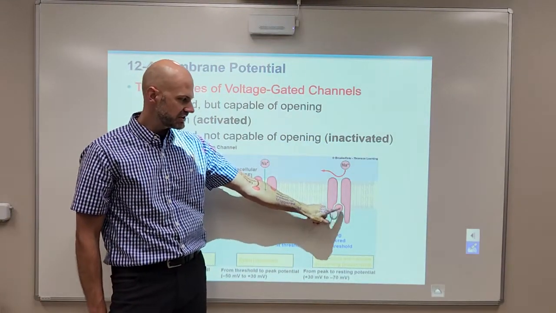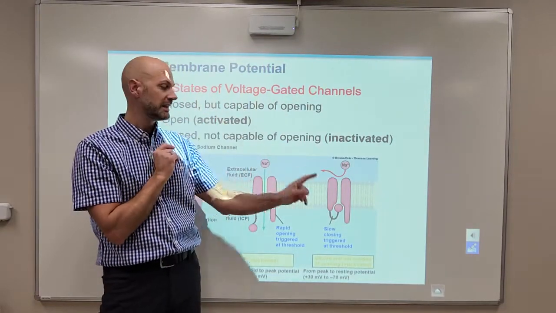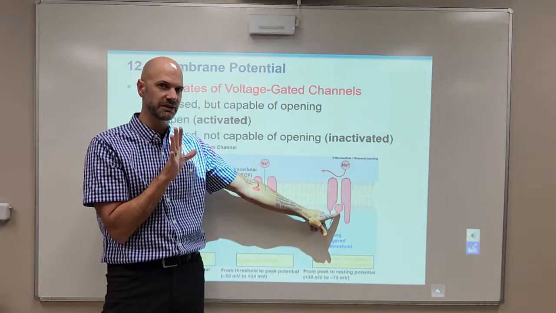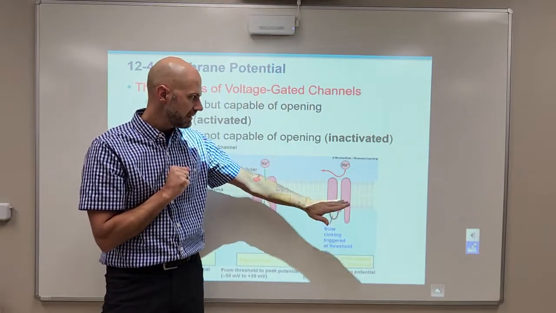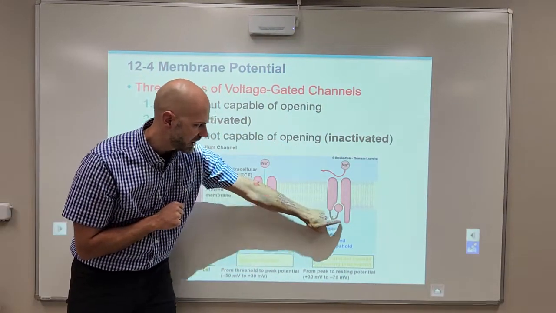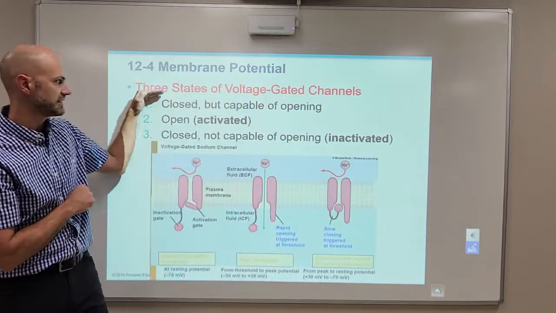It actually looks like this rather than the two gates that I showed previously. It's a little bit more complicated in how the protein works. They have this ball and chain mechanism, which is a little bit unique. And then the protein will cycle back to this starting stage where the ball will drop out and the gate will reclose. So these are the three stages that are listed here.